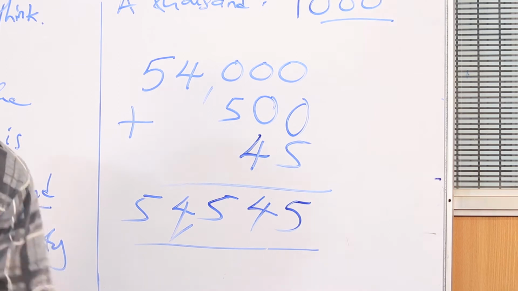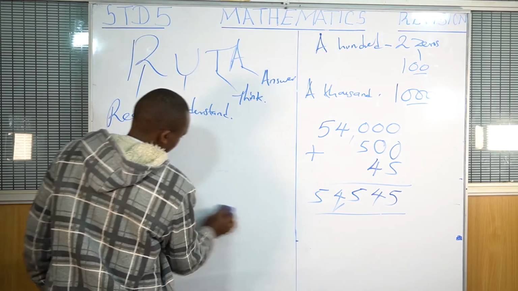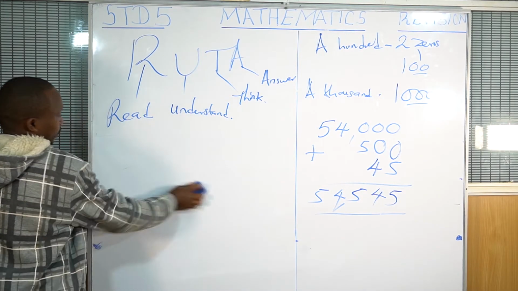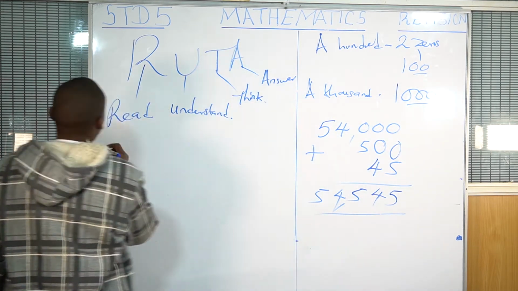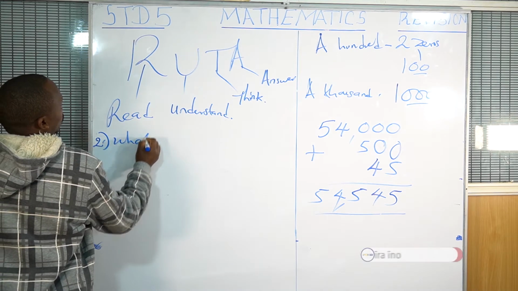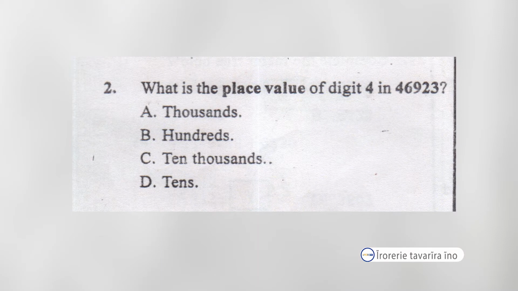We go to question number 2. Question number 2, class 5s. Now, it reads, what is the place value of digit 4 in 46923?